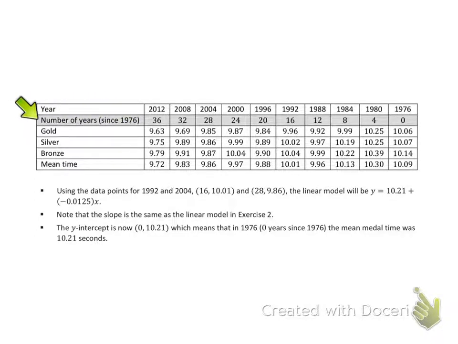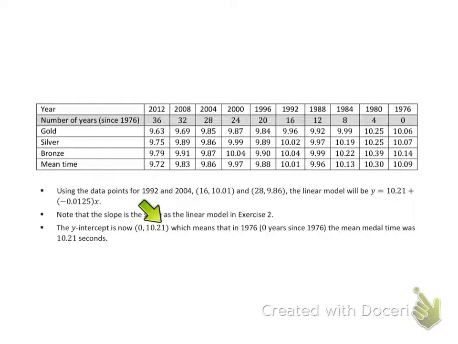Okay, and if you do this, then using the data points for 1992 and 2004, you come up with a different model. You get y equals 10.21 plus negative 0.0125x. So the slope is the same because the difference in years is the same, but the y-intercept becomes different, okay?